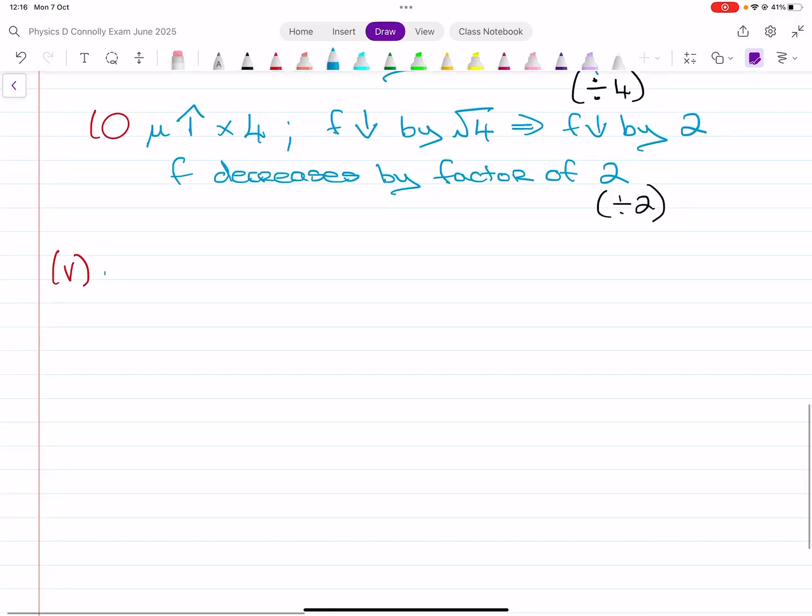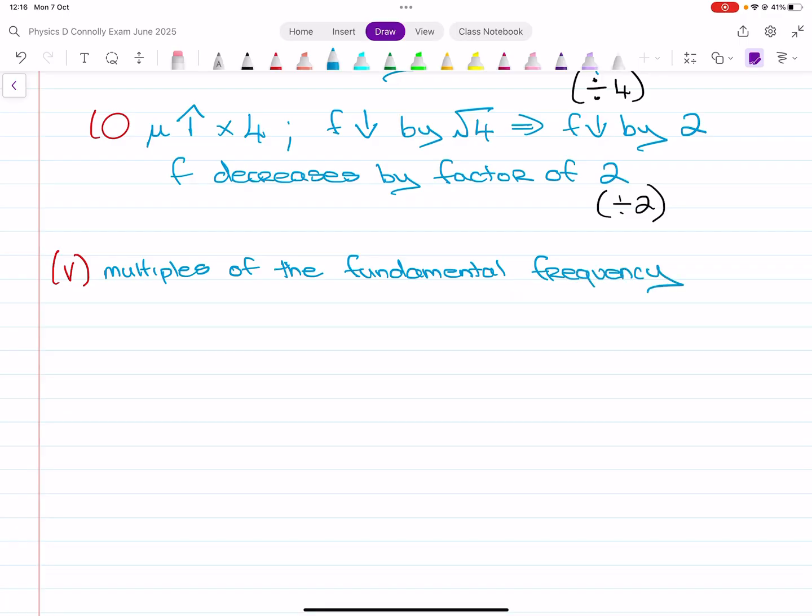Harmonics are multiples of the fundamental frequency. So the fundamental frequency was 8 hertz, then the second harmonic would be 16 hertz, and so on.